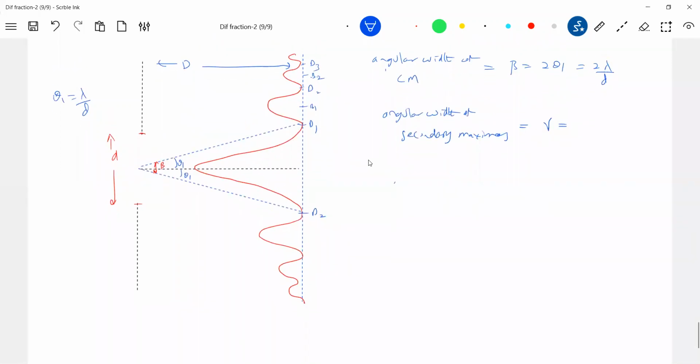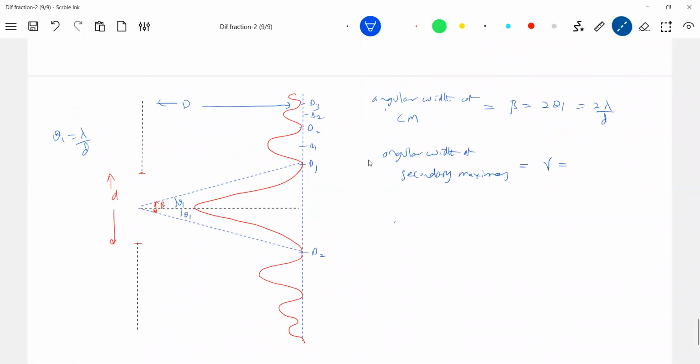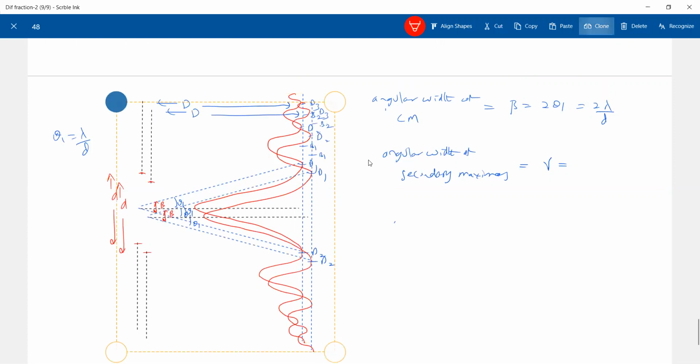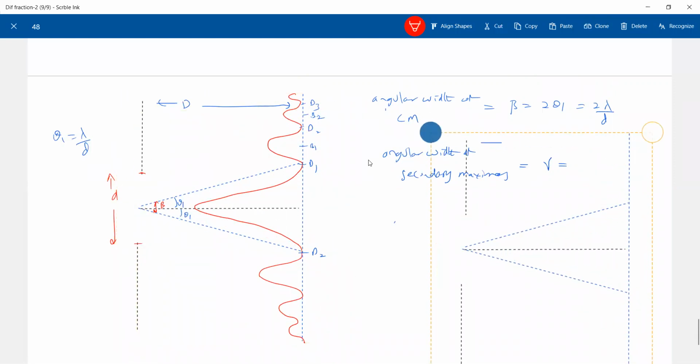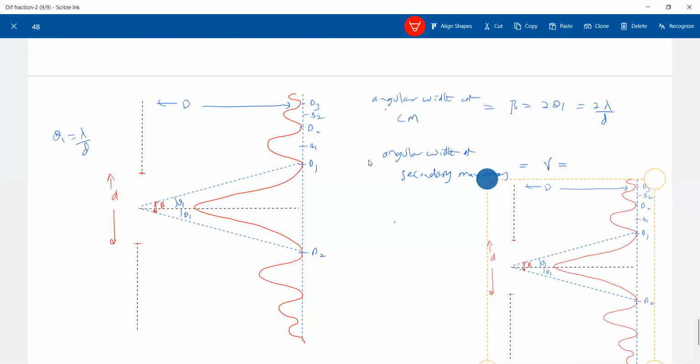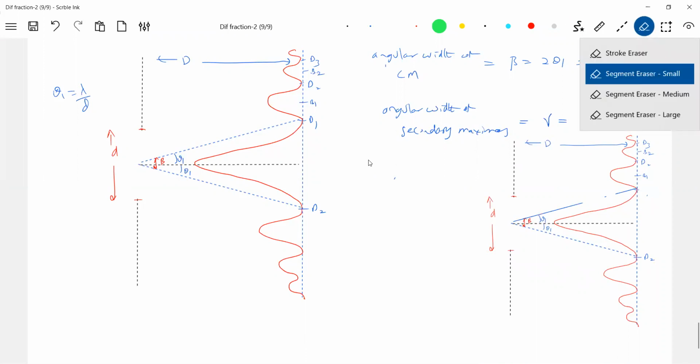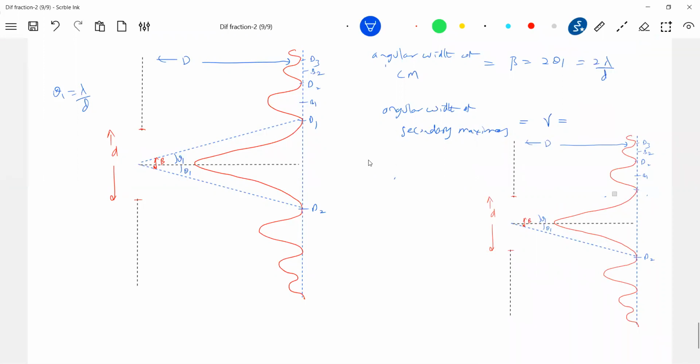So the suitable diagram will be this. I'm not interested in this D1 now. Now we are interested in the distance between B1 and B2.